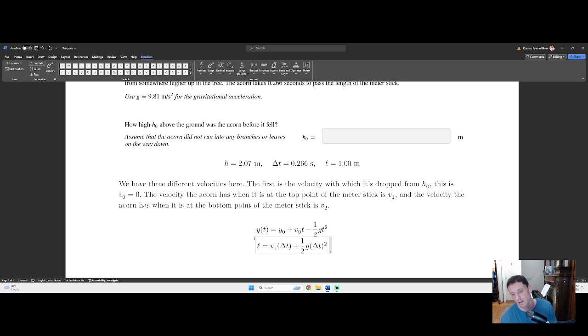Now, I'm doing this because when the acorn hits the top of the meter stick, its velocity vector is pointing in the same direction as its acceleration vector, right? Its velocity vector is pointing down, and its acceleration vector is just the g vector that also points down.